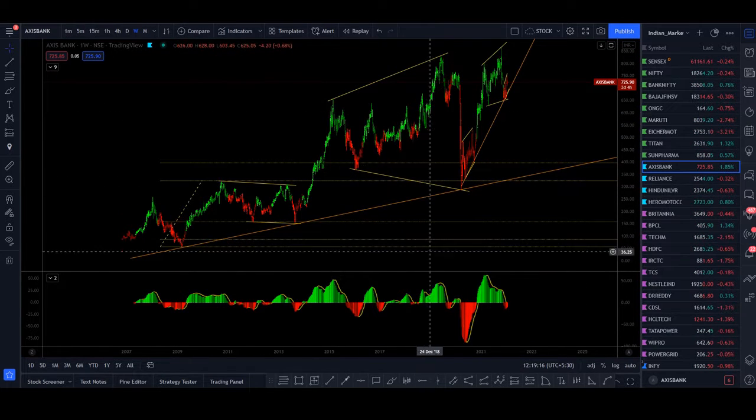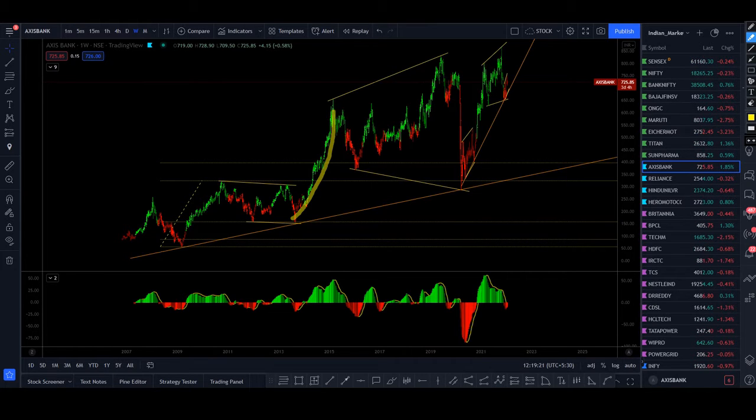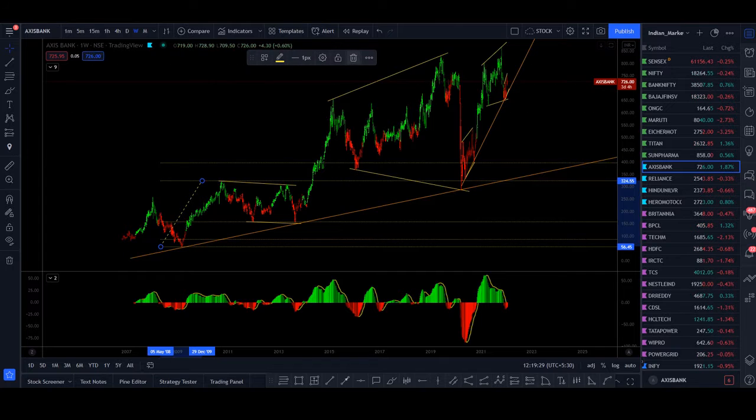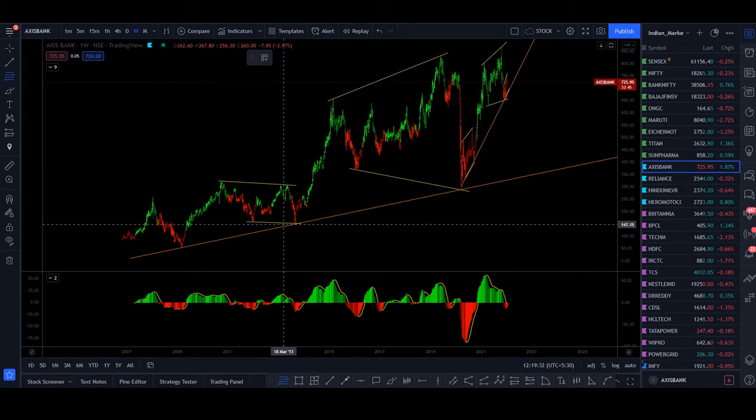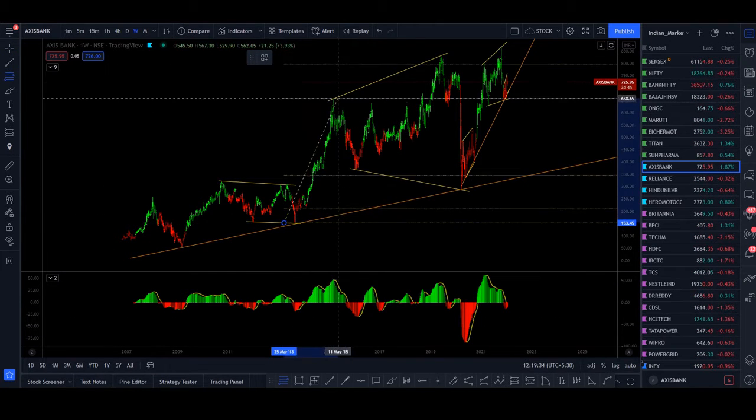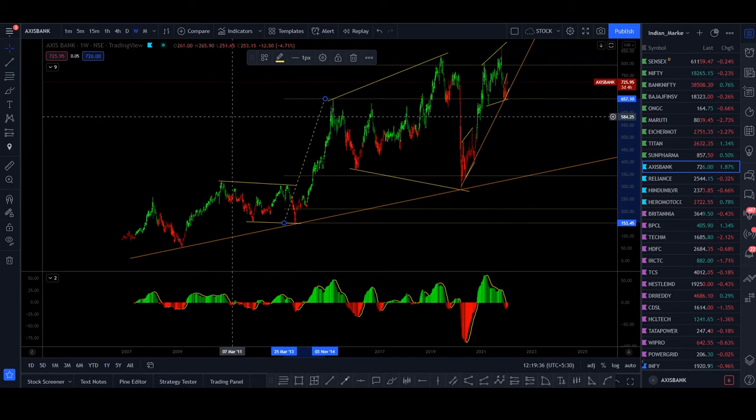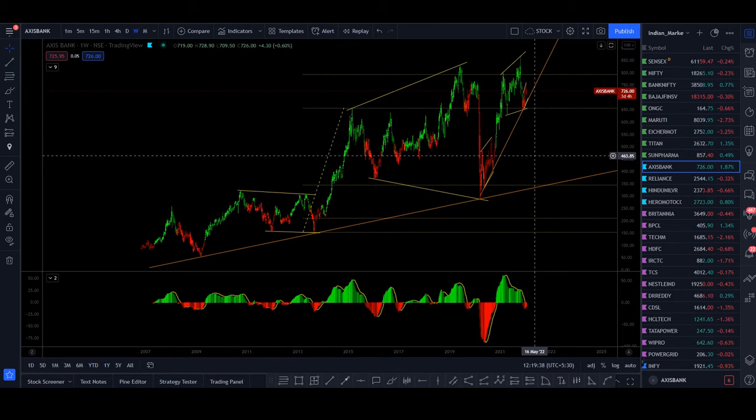In the next wave, what happened is, you have an impulse followed by a correction. Before that, let me move this. Let's take out this Fibonacci from that impulse, as that is already complete, and we have the next impulse in play.